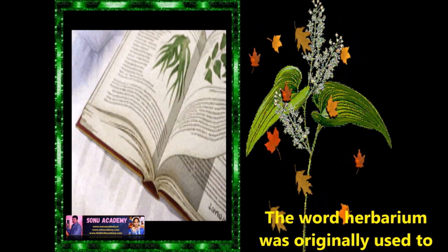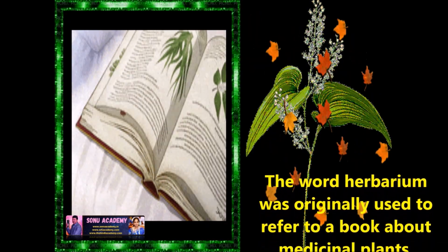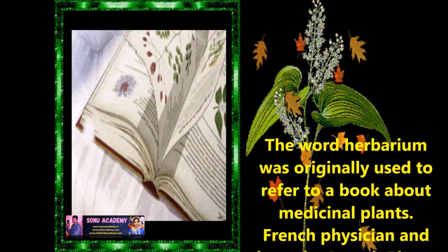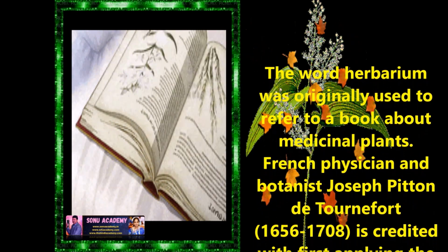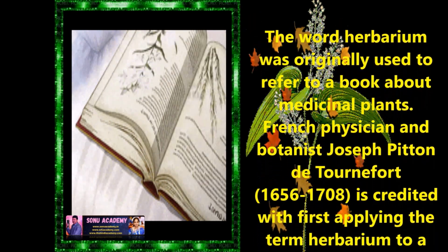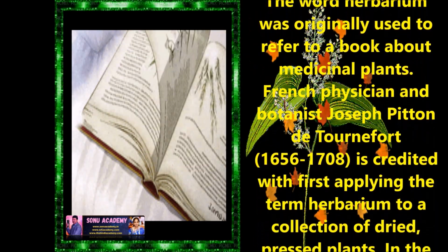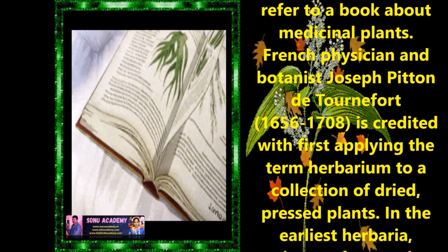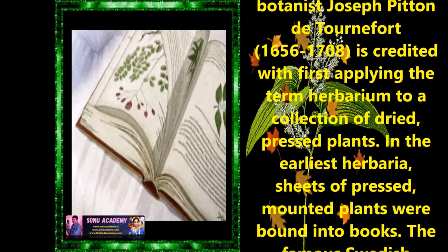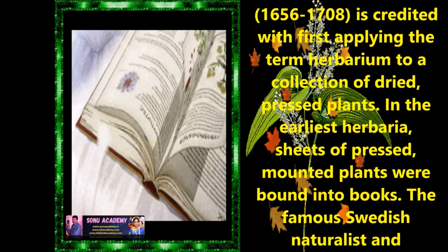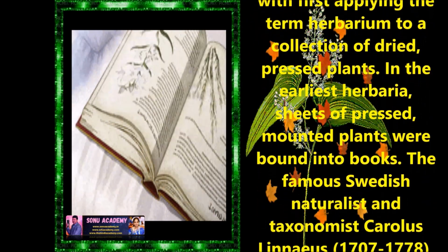The word herbarium was originally used to refer to a book about medicinal plants. French physician and botanist Joseph Pitton de Tournefort, from 1656 to 1708, is credited with first applying the term herbarium to the collection of dried pressed plants. In the earliest herbaria, sheets of pressed mounted plants were bound into books.